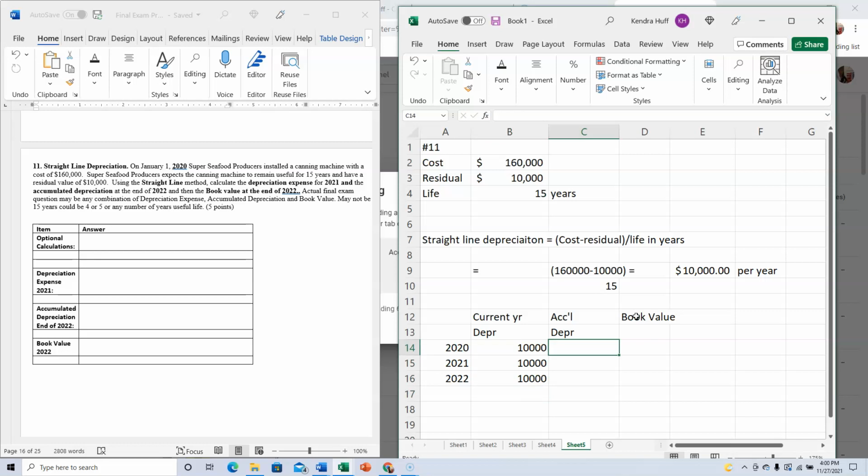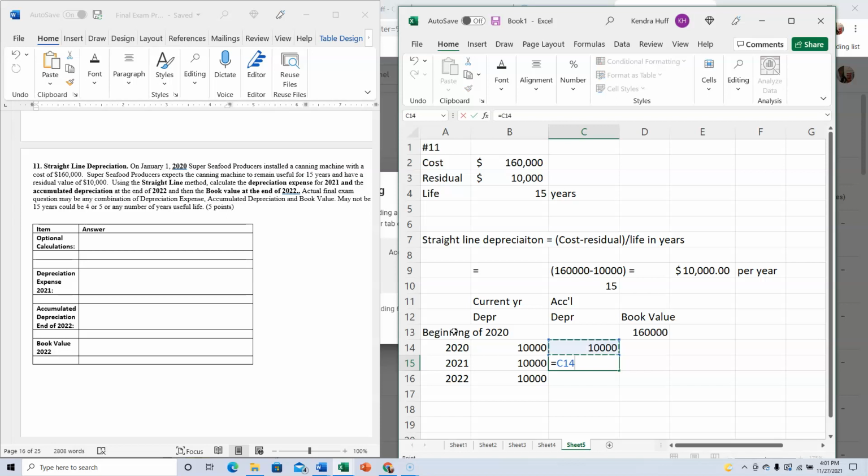All right, your accumulated at the end of 2020. You know what? I should have moved these up. This is beginning of 2021. Let's start beginning of 2020 when they bought it and they paid $160,000. All right, so then this would be at the end of 2020. So accumulated is whatever I had that year, because that's just my first year.